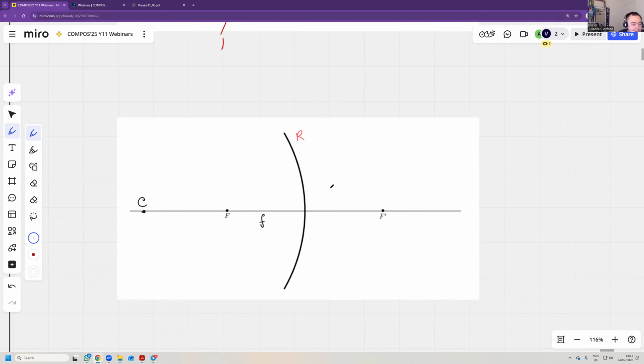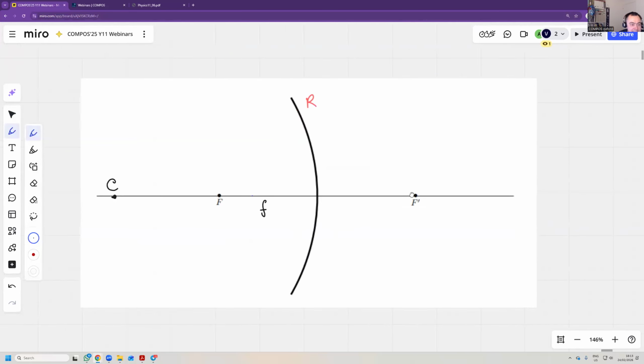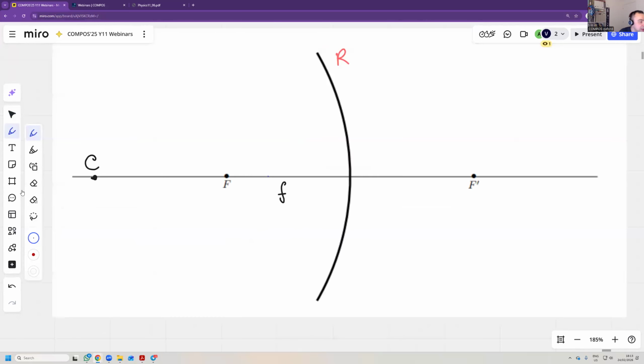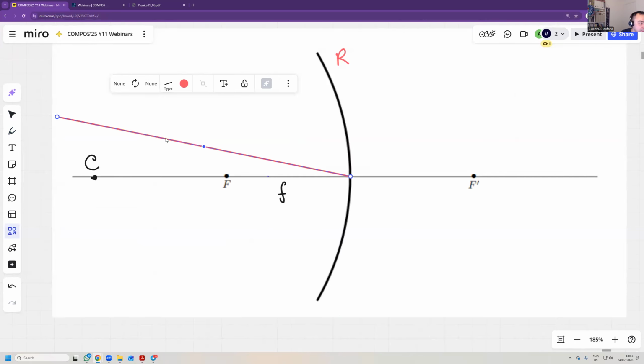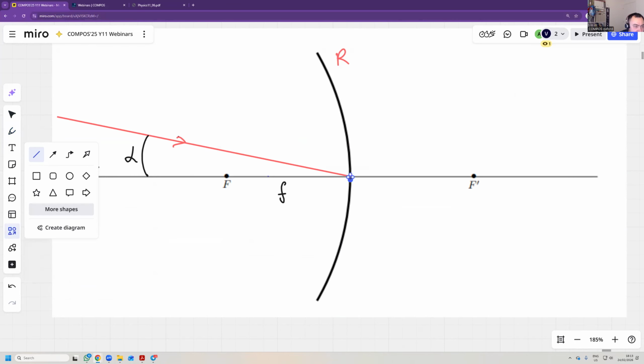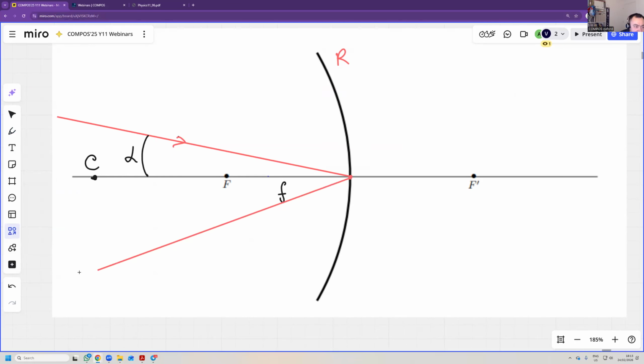So what's going on? Let's send a ray at a small angle alpha, and it will hit the exact center of the sphere. So it would reflect at the same angle, alpha, of course.